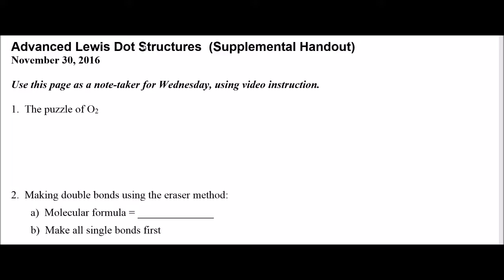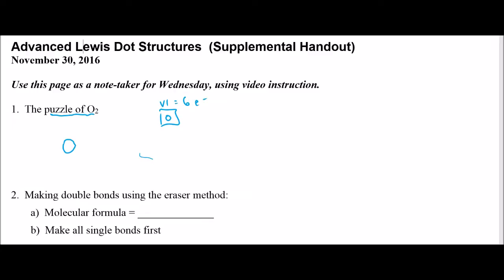Let's start this lesson off with the puzzle of O2. So O2 is a very common molecule. It's diatomic oxygen. You breathe it every day. If we try to draw a dot structure, oxygen is in column VI, which is column 6.